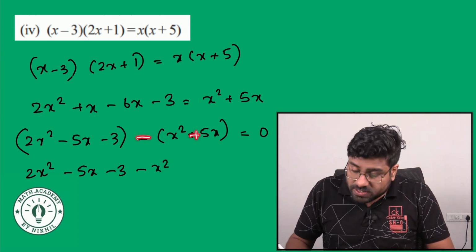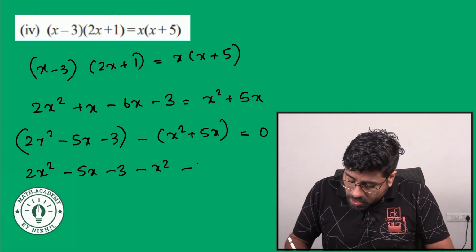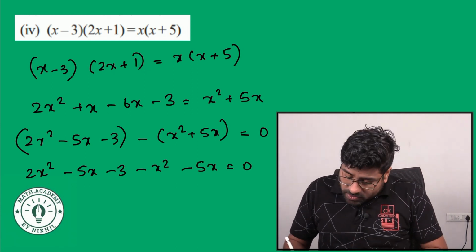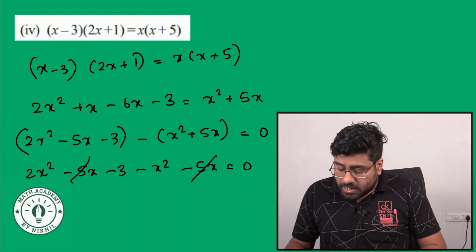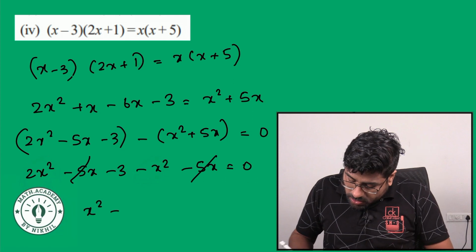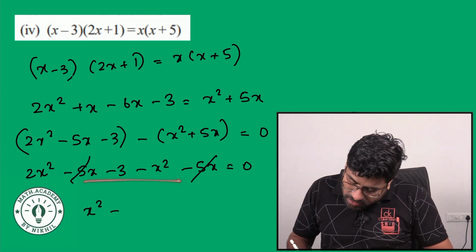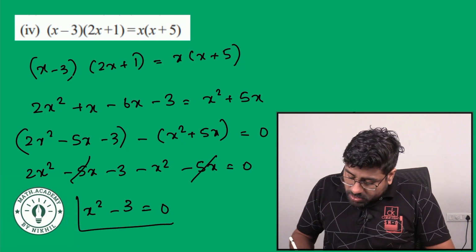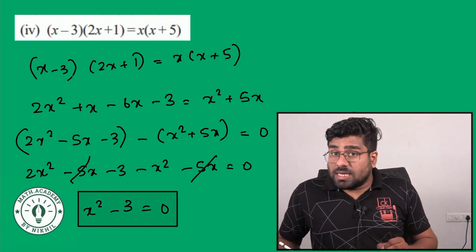Again, minus of plus is going to be minus, so this is minus 5x is equal to 0. Now let's cancel off the like terms, so 5x and 5x will get cancelled. 2x square minus x square is going to become x square, and you have a minus 3, that is the only thing remaining, so it is going to be x square minus 3 is equal to 0.